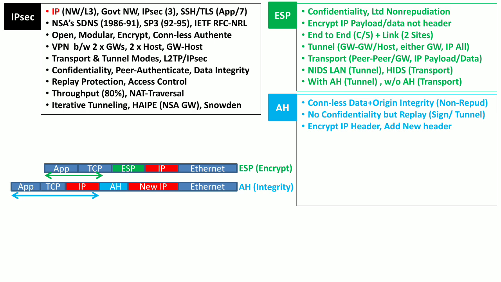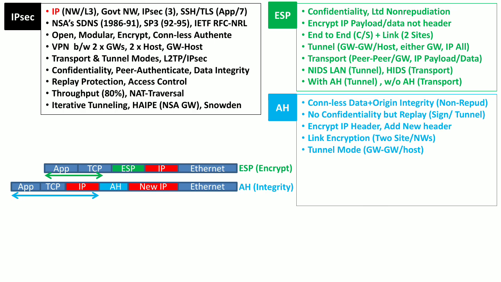So in authentication header, we also encrypt the IP header and also the IP payload, and a new header is added, which I have showed you earlier. So it provides link encryption, that is between two sites and two networks, and authentication header is only used in tunnel mode, and it's not used in transport mode.